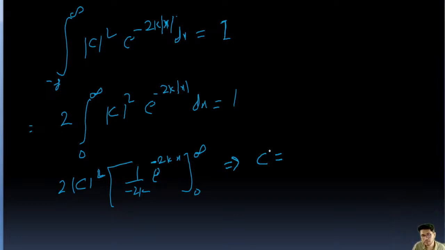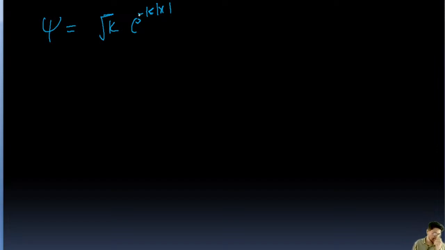So we solve it, then mod c square is going to be k. So the value of c is going to be root k. So now the normalized complete wave function for the Dirac delta potential is psi equal to root k e to the power minus k mod x. So this is the complete wave function, very important.